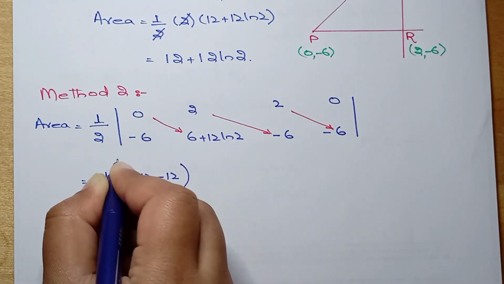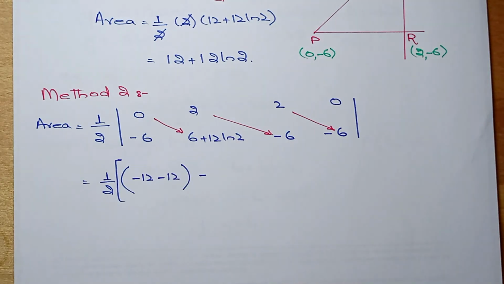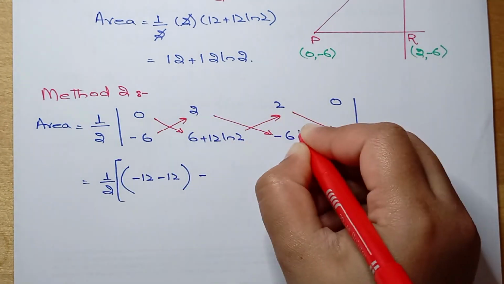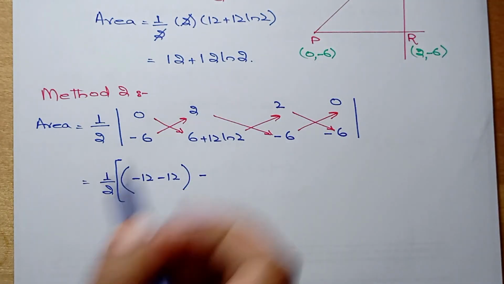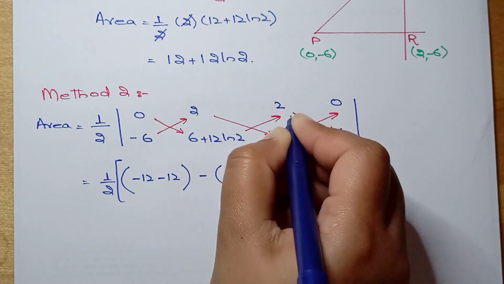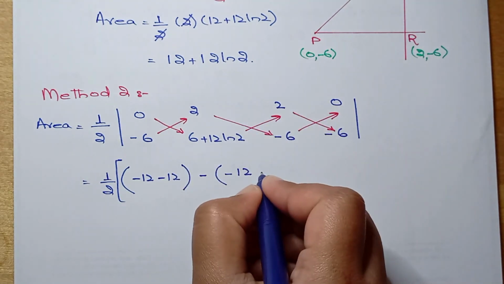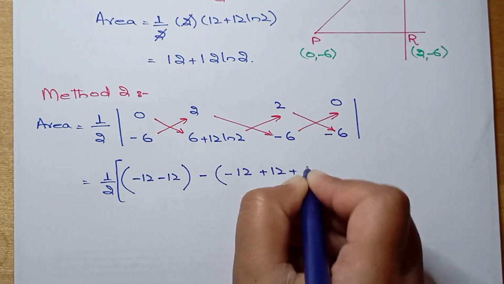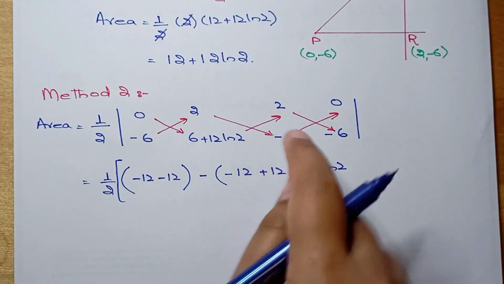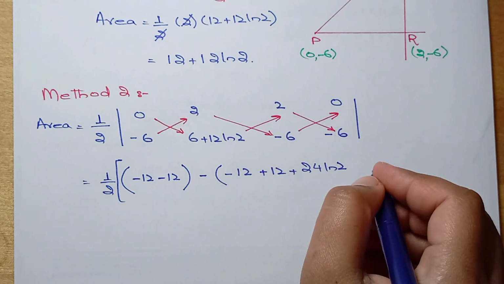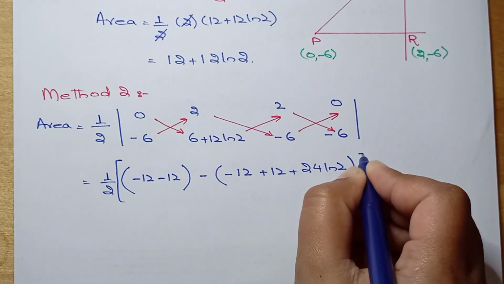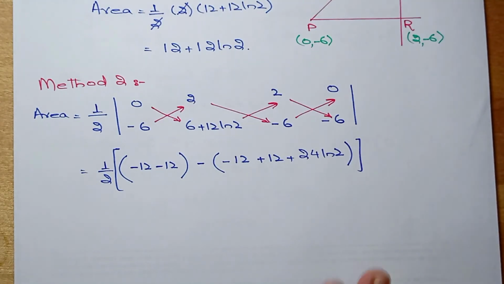Right? Minus. Now we are multiplying the other diagonals. -6 times 2 is -12. Now with this 2, 2 times 6 is plus 12 plus 24 ln 2. Right? And this would be equals to 0. Okay, now let me simplify it.